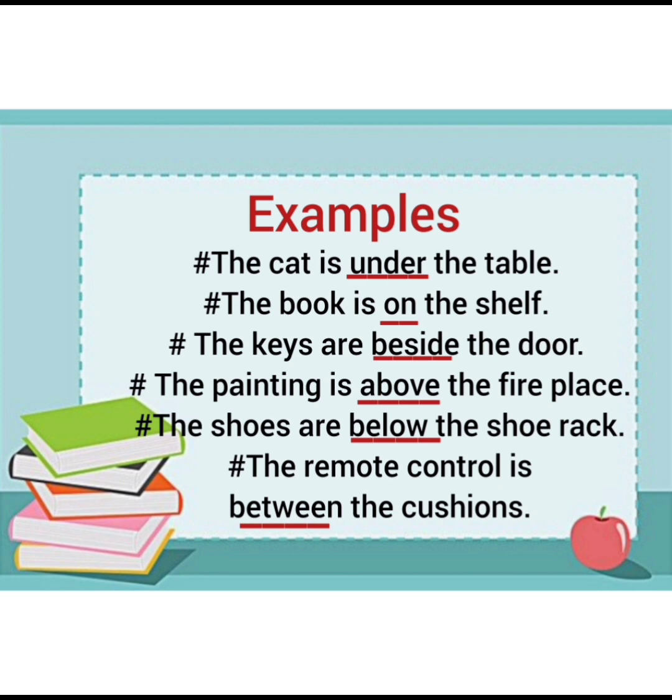The painting is above the fireplace. The shoes are below the shoe rack. The remote control is between the cushions. Now you must observe this thing, that all the prepositions used in these examples directly represent the particular place where the things are.